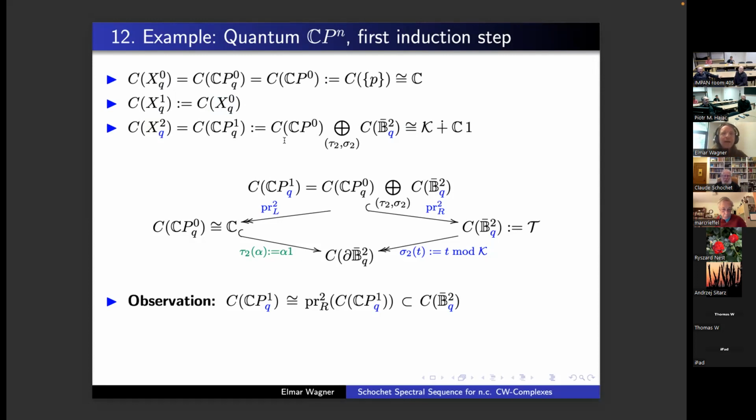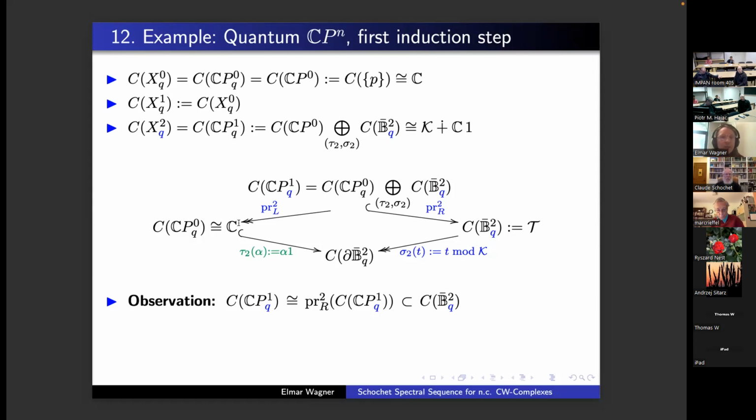Now I can start with something honestly non-commutative. So I glue a 2-pole on a CP0. Well, the general construction is I glue a pole and a 2k-pole to the 2k-minus-1 projective space. So here is the start of an inductive process.